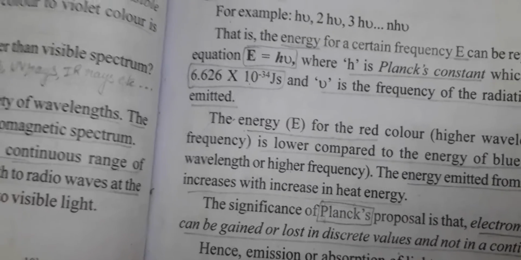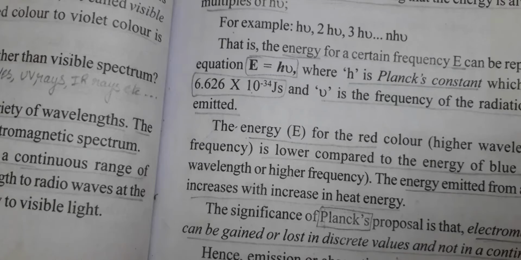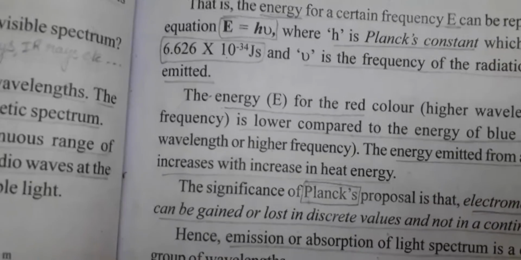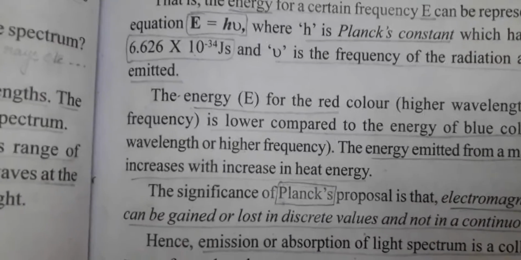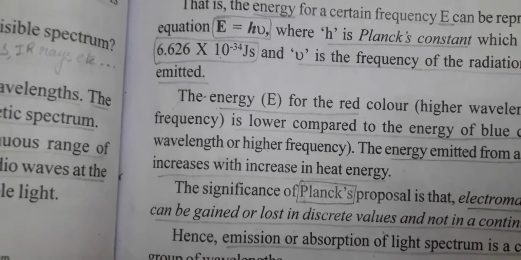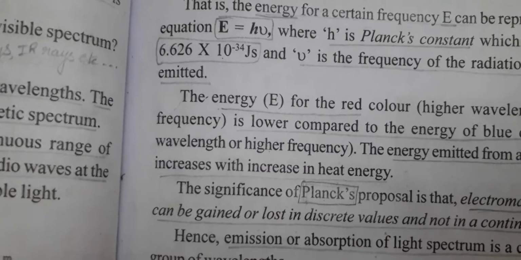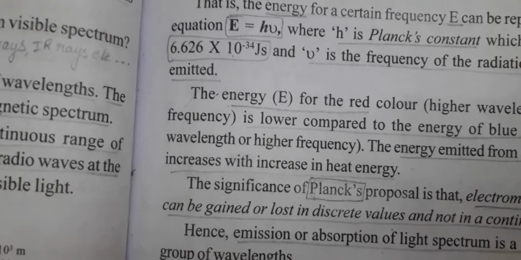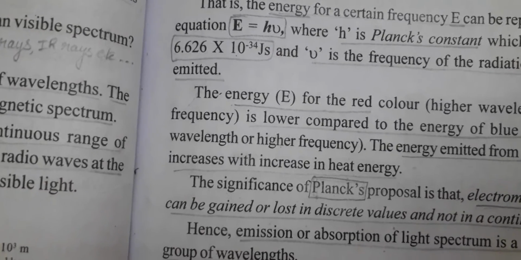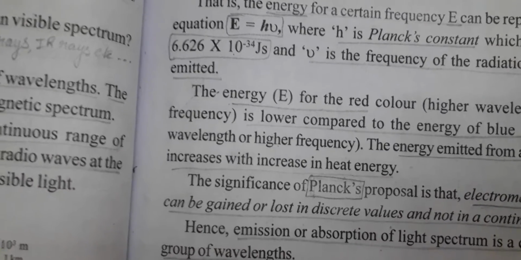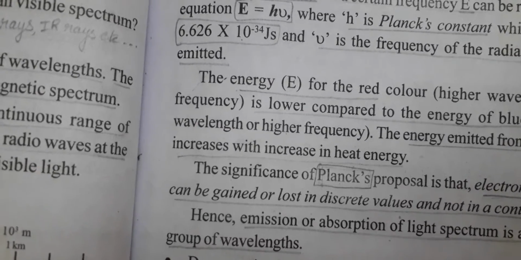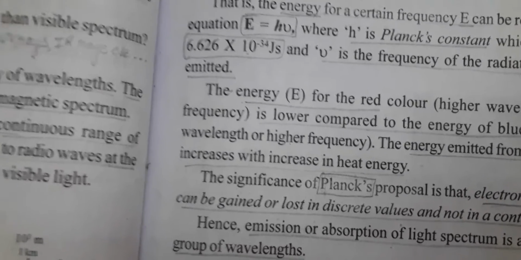You can see them continuously moving on the belt, but each packet is different. Likewise, this is also discrete. Light is emitted or absorbed in a discrete manner but not in a continuous manner, and that emission is in packets, a collection of groups of wavelengths. So this is what Planck proposed for light.